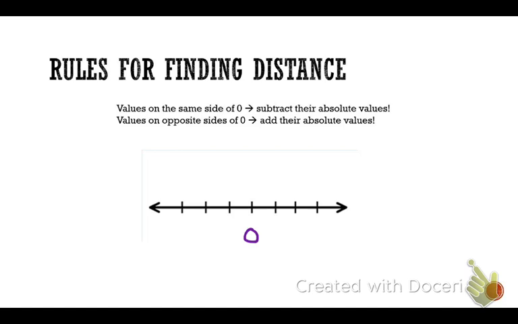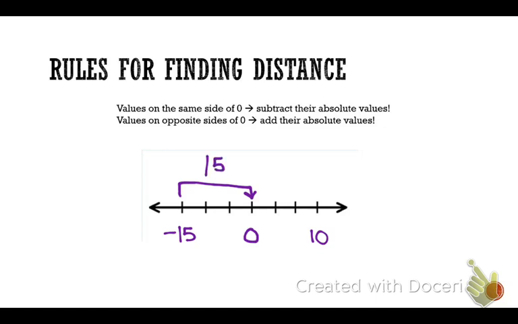So what if we started at negative 15, and I wanted to find the distance between negative 15 and positive 10? Well, how many units get me from negative 15 to 0? 15.